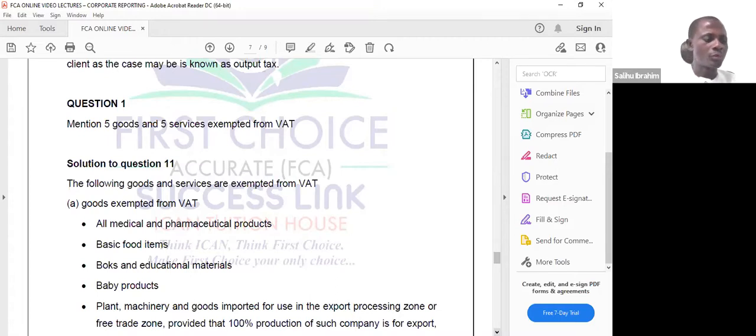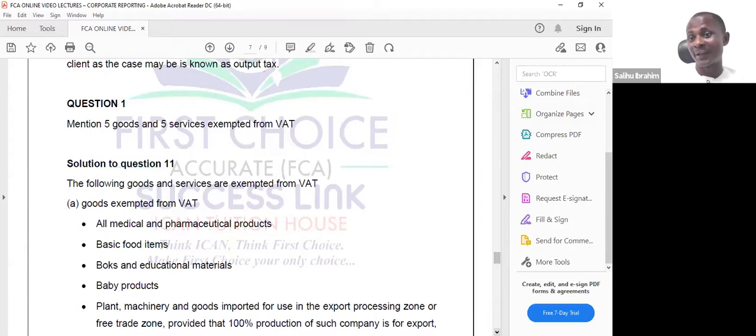Now, if you go to an eatery to buy rice, on your invoice, you pay VAT. Why? Because that is no longer basic. That has been transformed. And for you to go to an eatery, it means you are a bit okay, so you have the capacity to pay tax.